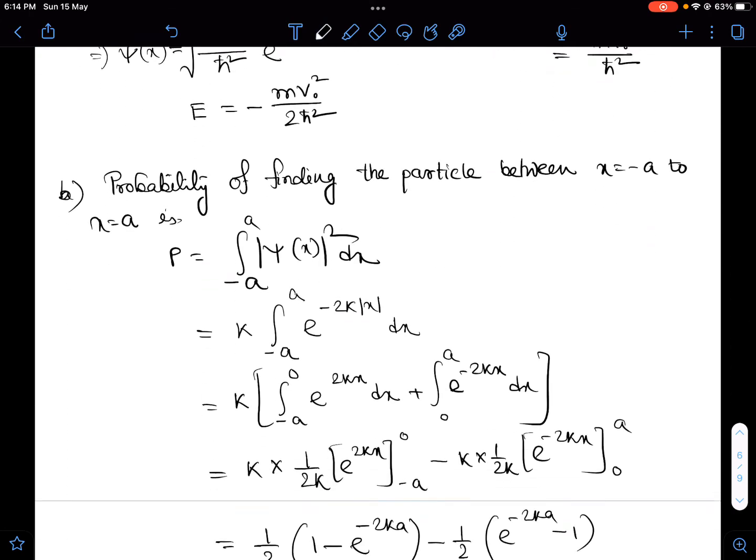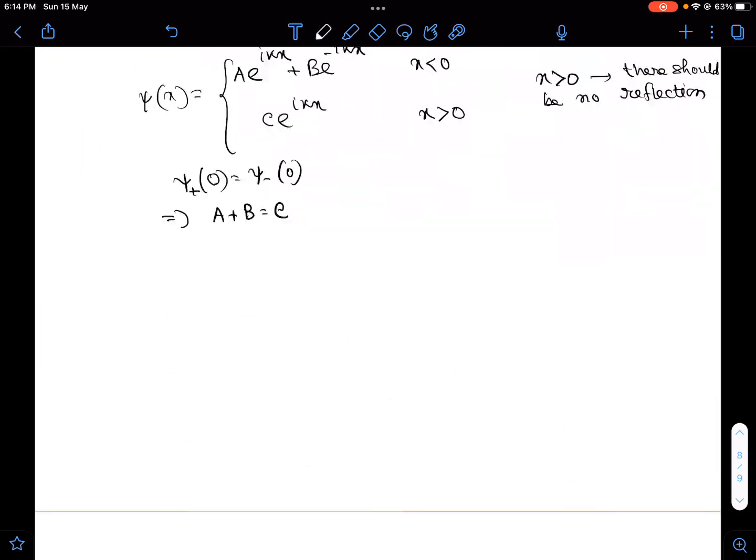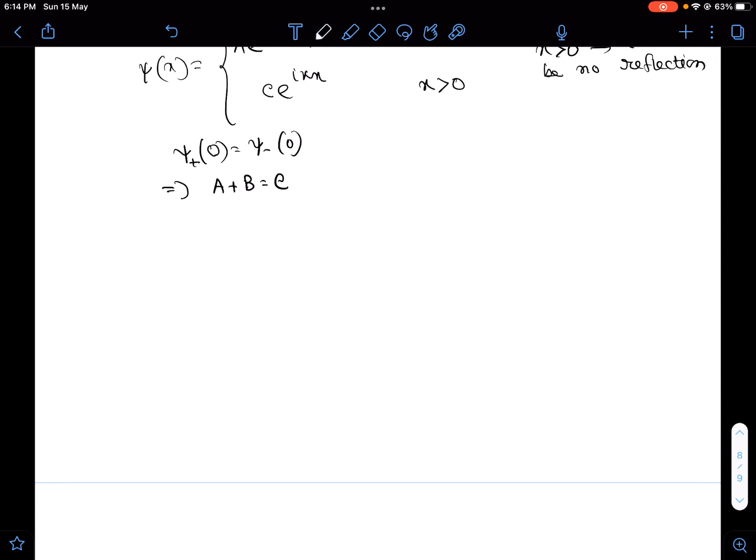If we put in these wave function values and do the mathematics, we will get the second continuity equation to be ik c minus a plus b, plus 2mV0 by h cut squared multiplied with c, and this should be 0.